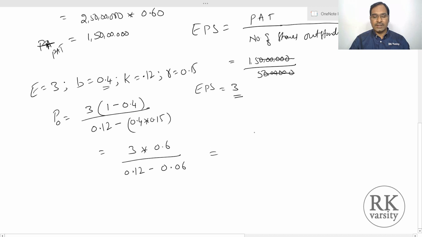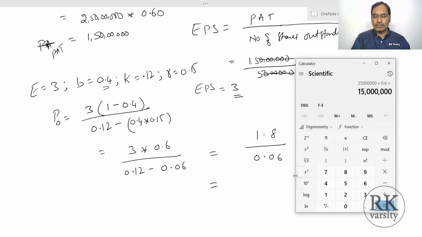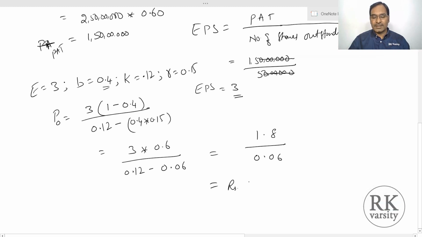So this equals 1.8 upon 0.06. This equals rupees 30, which is the stock price or market price of the stock.